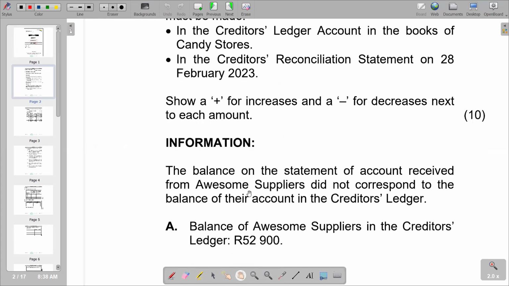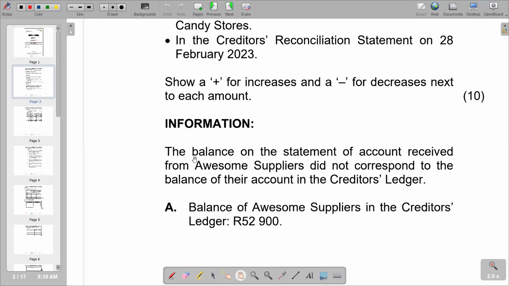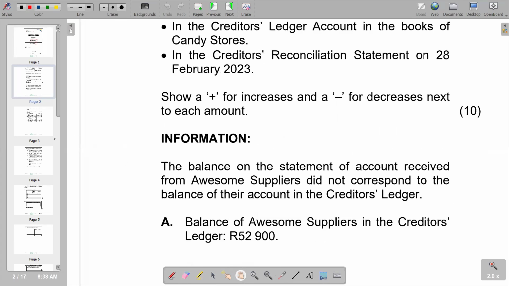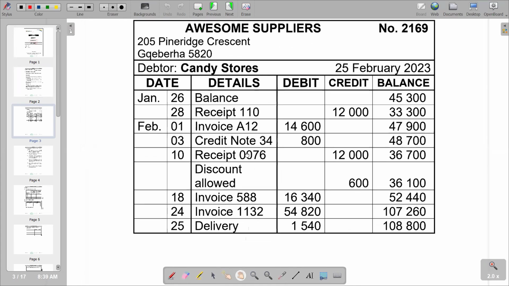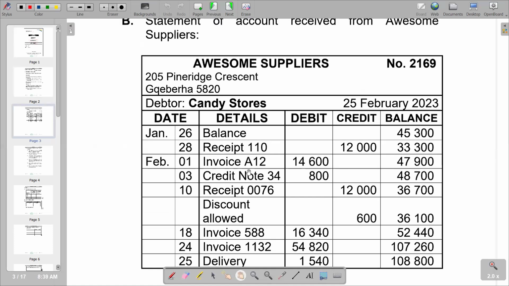We are given the information from information A. Going forward, we have other information in terms of B, whereby we are given the statement of account received from Awesome suppliers. So you can just try to go through before you start answering.